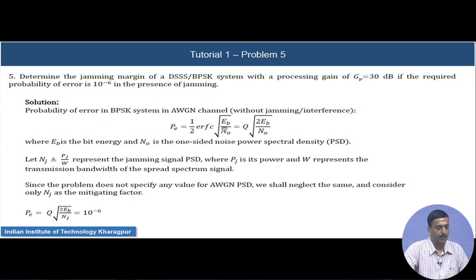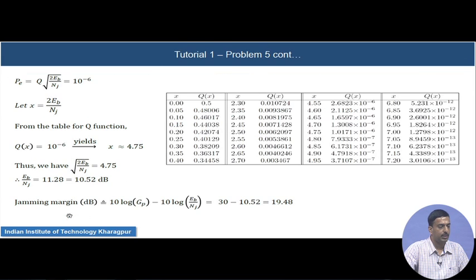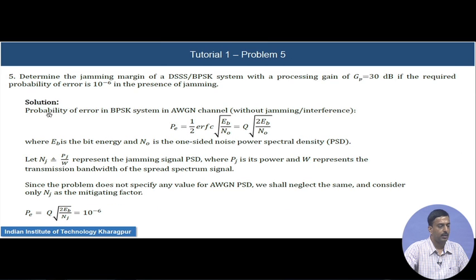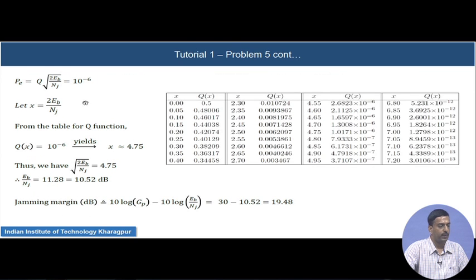So, we merely replace N naught by Nj because N naught is not specified, whereas we know that we are in a position to calculate this Nj once we can map this probability of error to the Q function table.